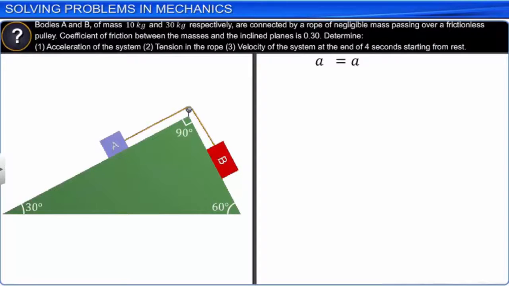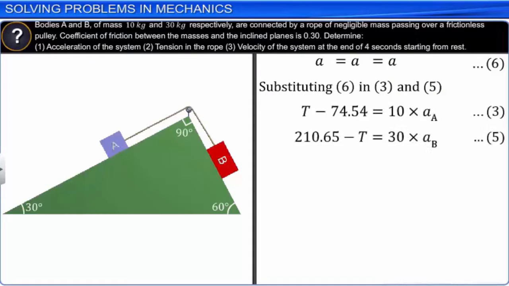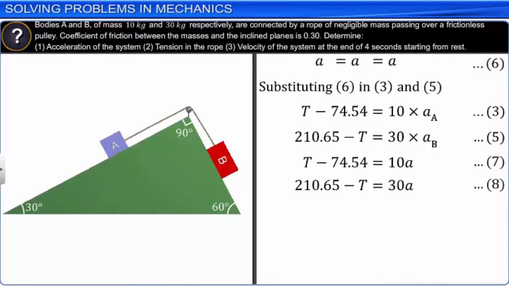Substituting equation 6 in equations 3 and 5, we get T minus 74.54 equals 10a as equation 7 and 210.65 minus T equals 30a as equation 8. Equations 7 and 8 are simultaneous equations with two unknowns, which are T and a.